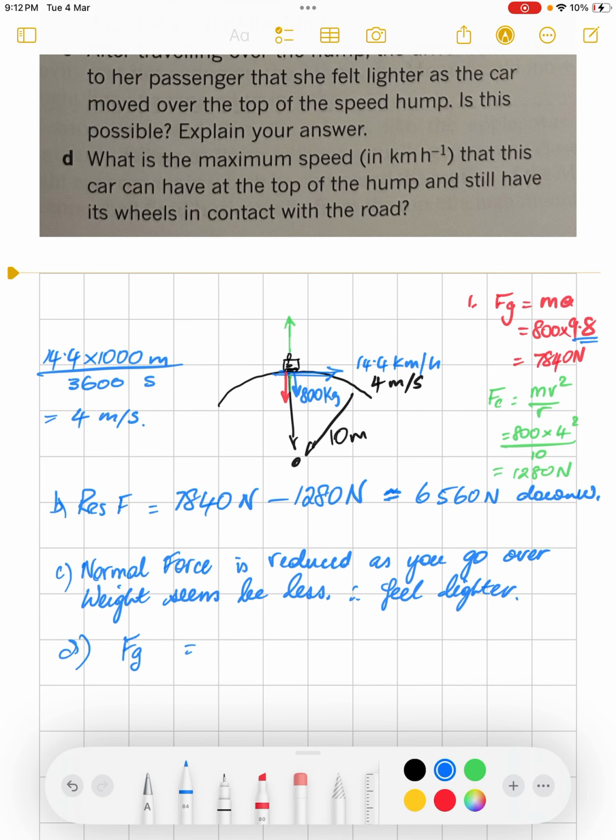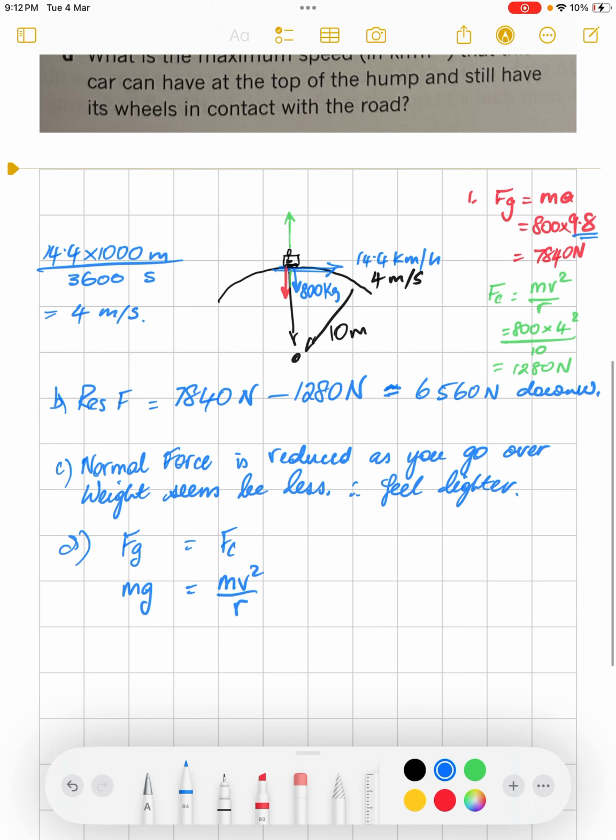So we've got to match the gravitational force with the centrifugal force. So we've got mg acting down is going to equal mv squared over r acting up. So the mass of the car is negligible because there's a mass on both sides. So we've got 9.8 is equal to v squared over our radius, which is 10.